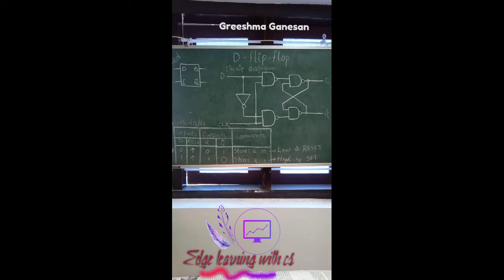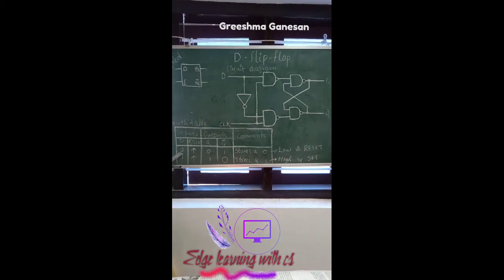Then the possible inputs for D will be 0 and 1. If I am passing 0 in D, then the clock pulse is high here, and in the case of output, Q will be 0 and Q dash will be 1. That means here we are storing a 0, and it is the low input.